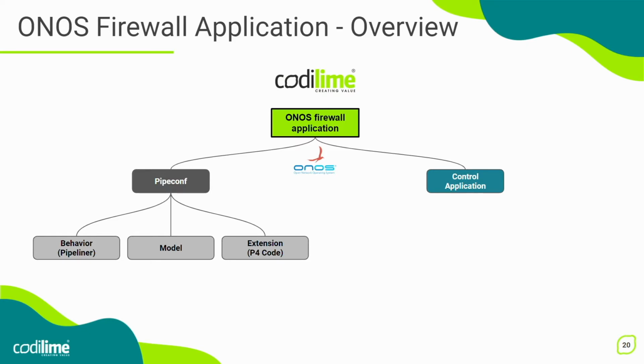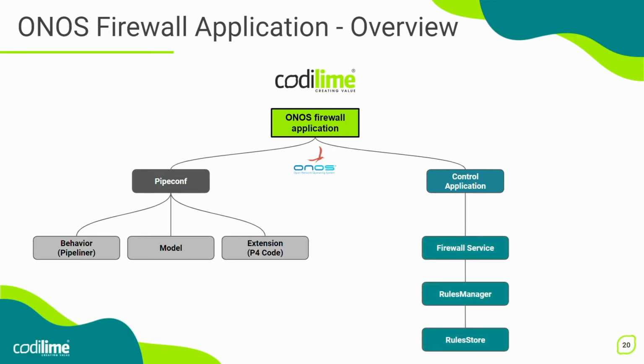It is a pipeline-aware app, meaning that it is dedicated to a particular data plane. There is a firewall service component here, the main task of which is to manage and apply rules for P4-defined devices. Our control application also includes a fully featured user interface that offers a graphical user interface and a command line interface.